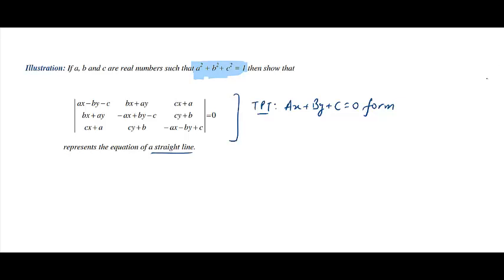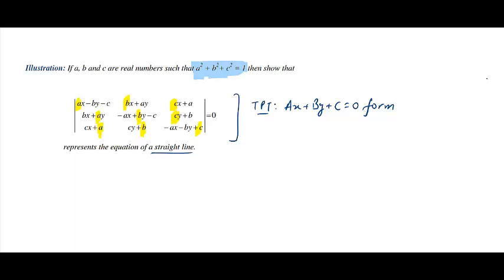Let's see if we can find something here. So what I find is A appears in all the terms in the first column. Similarly, B appears in all the terms of the second column, and again C appears in all the terms of the third column.